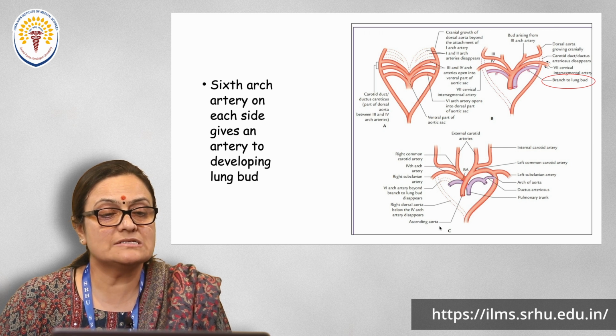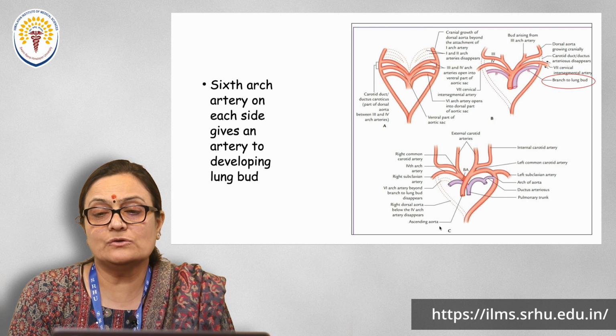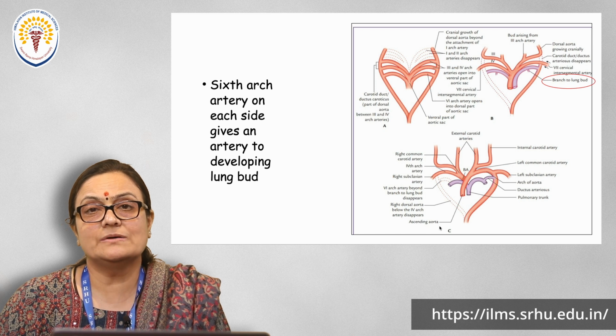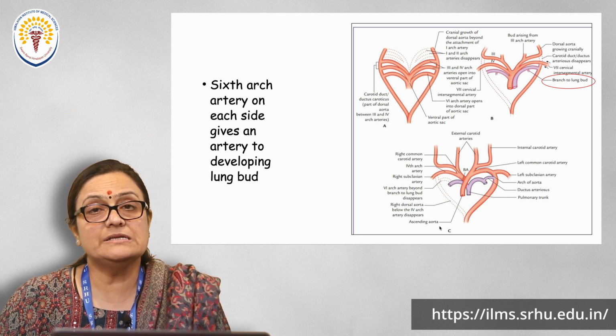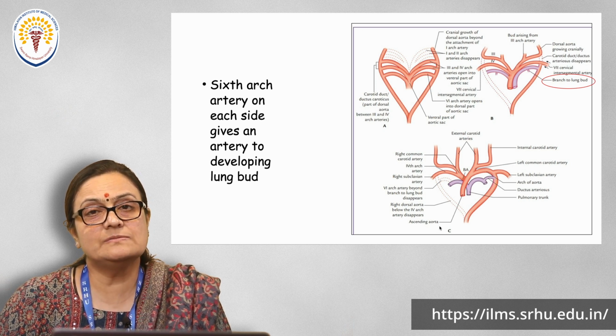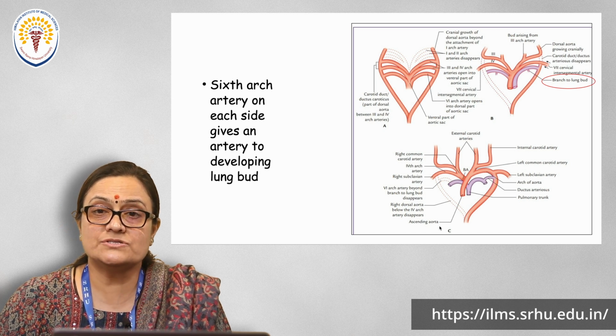So, talking about the sixth arch artery on each side, it will give rise to, just have a look on the encircled area in the top right corner figure, a branch to the lung bud. So, by this time the lung bud has also developed and it will be needing blood supply. So, the sixth arch artery will cater to the blood supply of the developing lung bud and will send a branch to the developing lung bud.